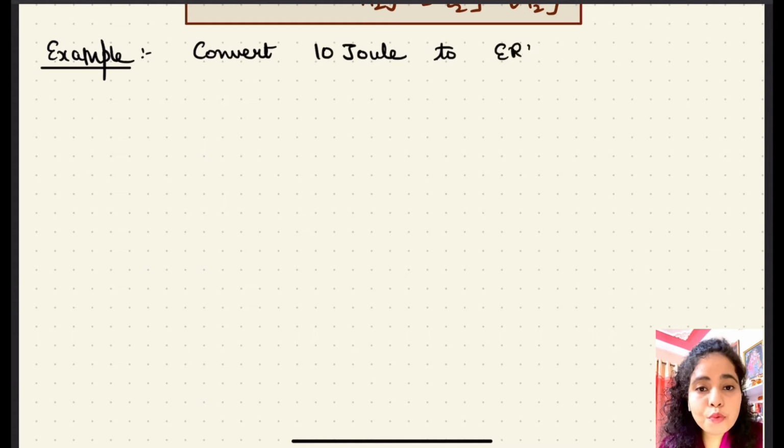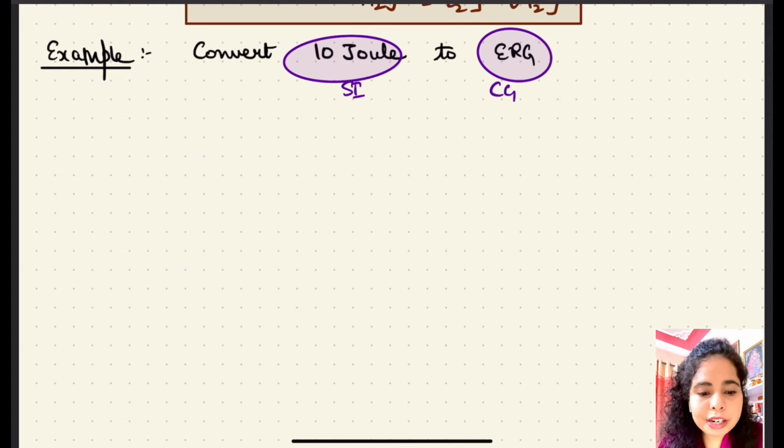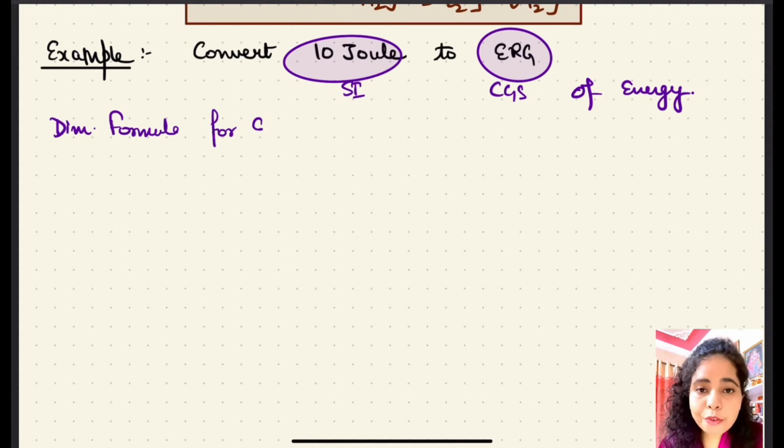First of all, we need to identify that joule is an SI system unit and erg is a CGS system unit. And the second thing is, joule and erg are both units of energy.